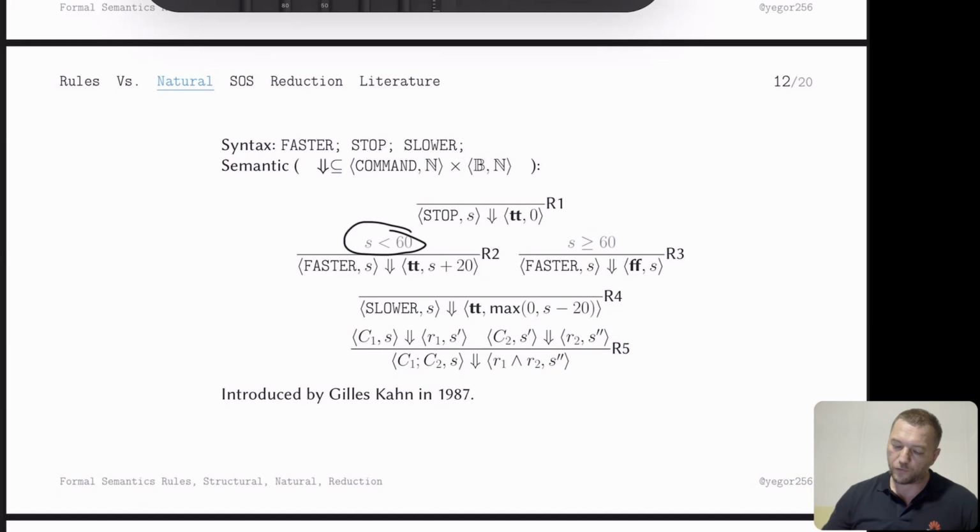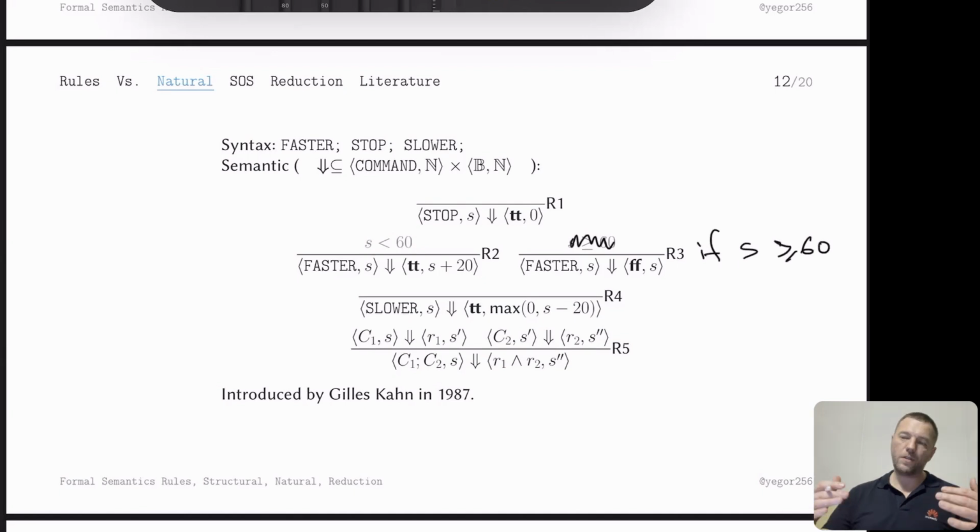So you cannot just freely write whatever you like at the top of the line, any condition. Here I did it, but I did it with the gray color. Probably you see it, it's a gray color, but usually people write it not here, but say if s more than 60 after the rule.